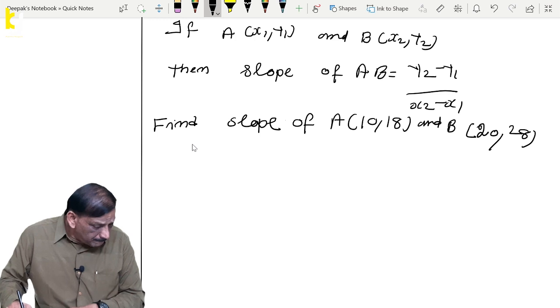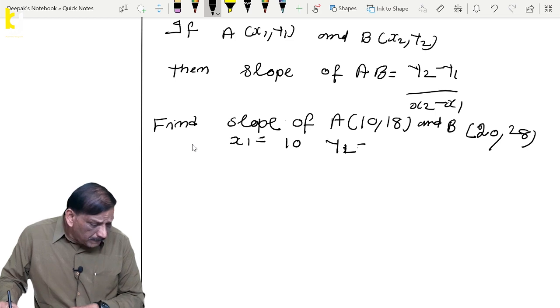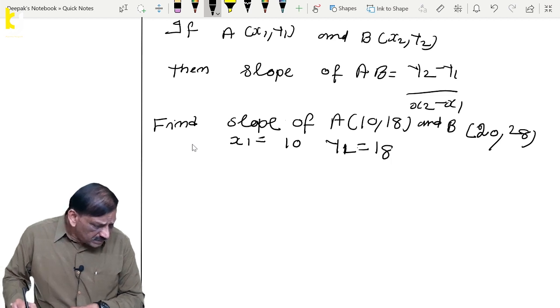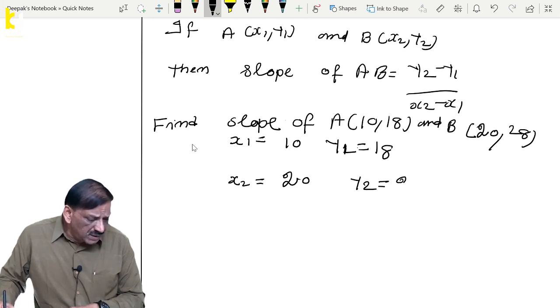Here we know x1, the x-coordinate of the first point, x1 equal 10. Then y1 equal 18. Then x2 equal 20. Then y2 equal 28.